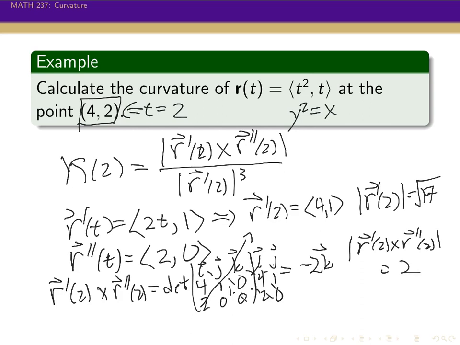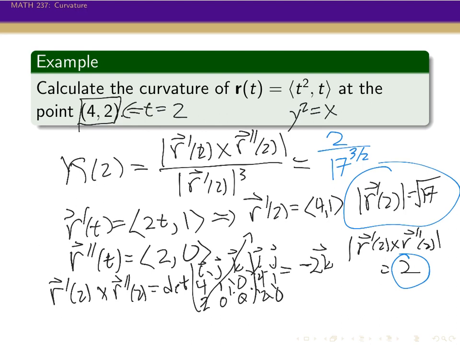And so then kappa is going to be 2 divided by speed cubed. And so this is going to be 2 over 17 to the 3/2.